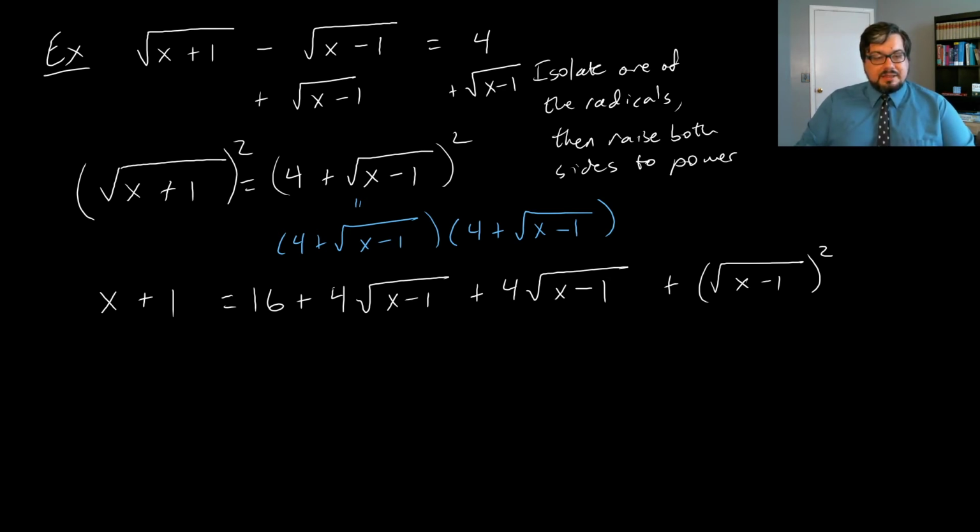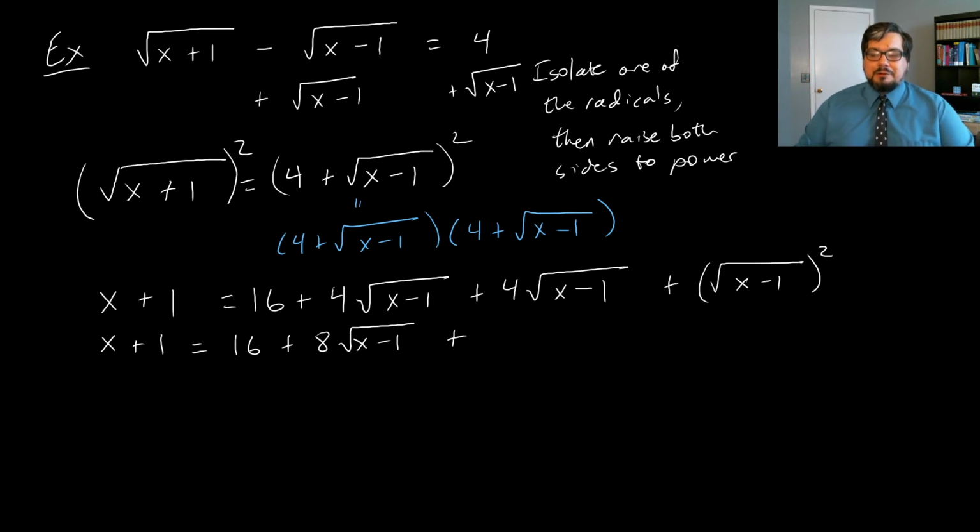So simplifying things down, we get x plus 1 equals 16 plus 8 times the square root of x minus 1, because those two middle terms are like terms. But now we've got the square root of x minus 1 squared. Well, we know what that is. That's the type of expression we've been working with.